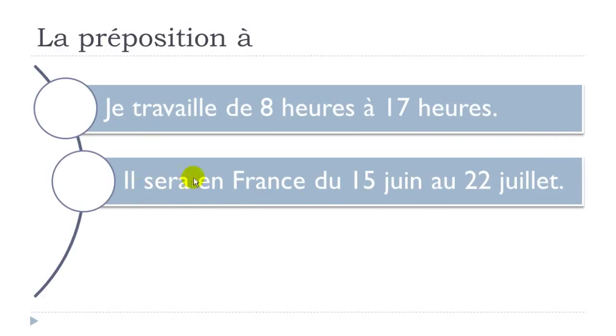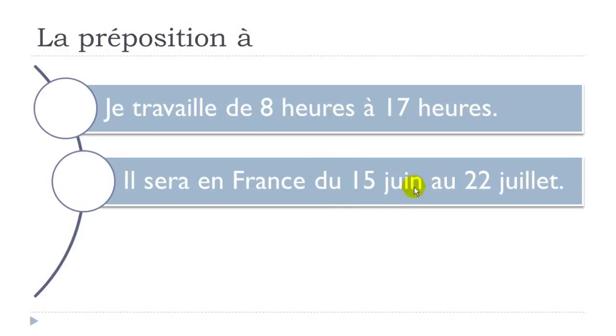Il sera, remember sera, it's to be, but the future form. Il sera en France du 15 juin. So here you've got a date, and if you look carefully, you've got this du. It means that normally you should put the article le 15 juin, and that's the reason why we've been combining the two, and it becomes du. We've been seeing that in a previous lesson, so if it's not clear, watch it.